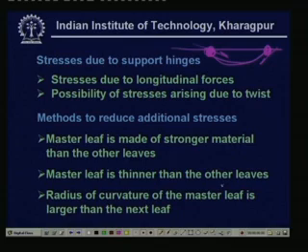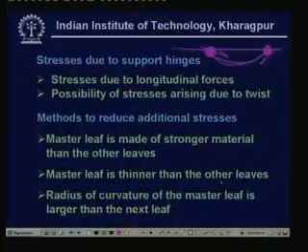So, what is the disadvantage? The disadvantage of such additional longitudinal forces and the twisting effect that I have just told you about is that the master leaf actually gets more and more stressed compared to the graduated leaves.